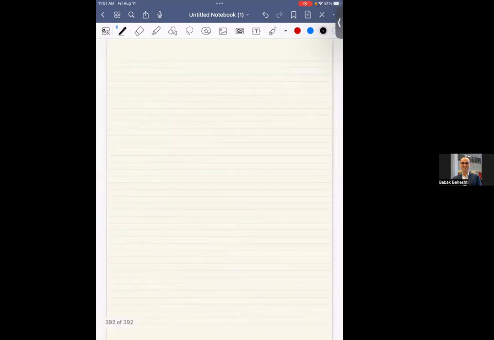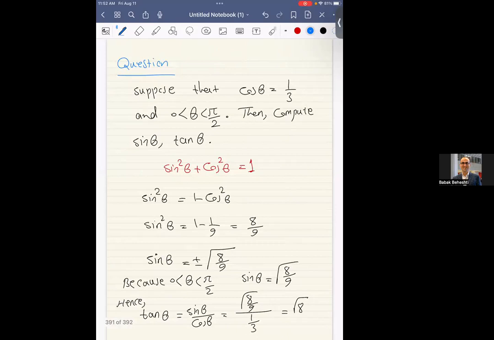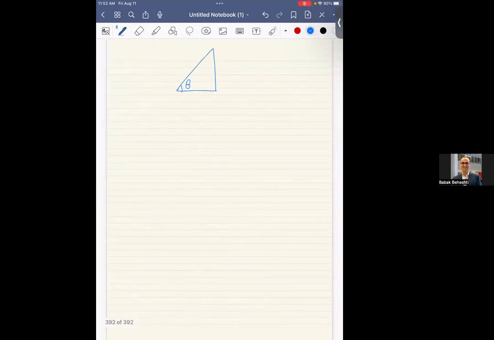Or you can just look at the right triangle. This is pretty much the same logic. You have a right triangle like this. This is theta. We know that cosine of theta is 1 over 3. What is the formula for the cosine in the right triangle? It is adjacent divided by hypotenuse, right?